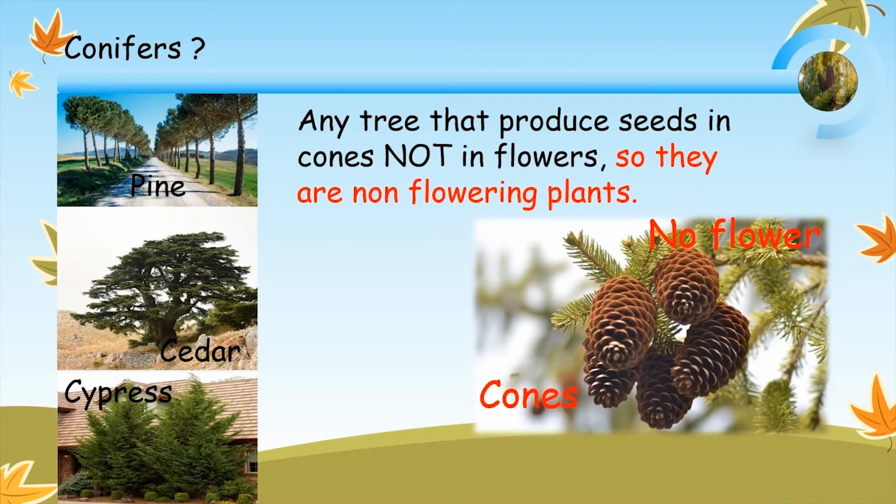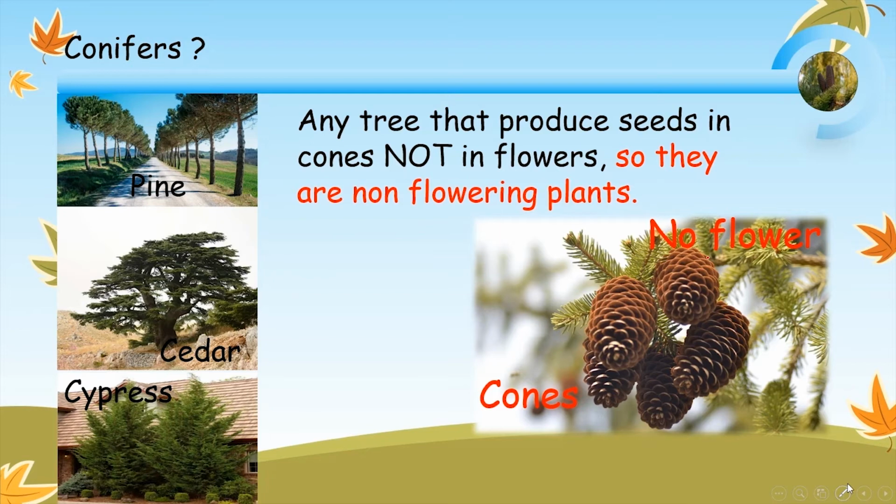What about the lesson of non-flowering plants? I mean the conifers. What are the conifers? Conifers are non-flowering plants, so they don't have flowers. They are any tree that produces seeds in cones, not in flowers.